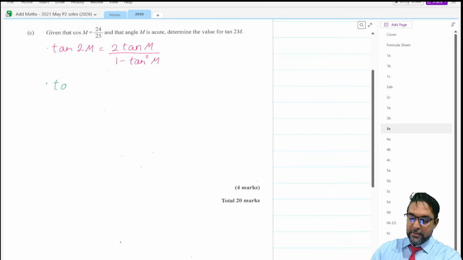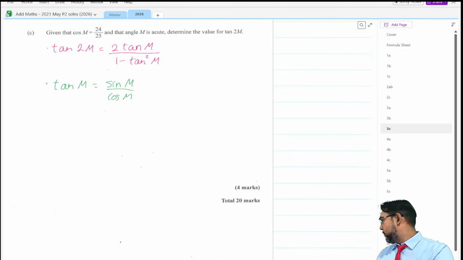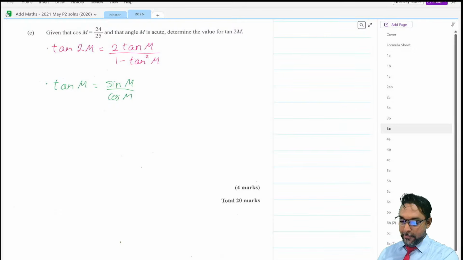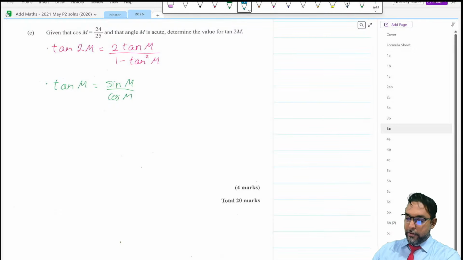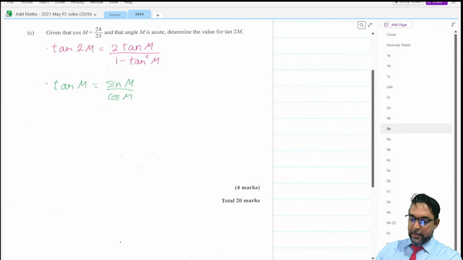Tan m is equal to sin m over cos m. We have cos, we need sine. You could use the Pythagorean triples if you want, or you could use the regular square root of 1 minus cos squared.